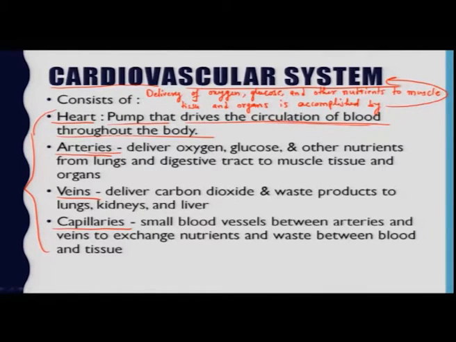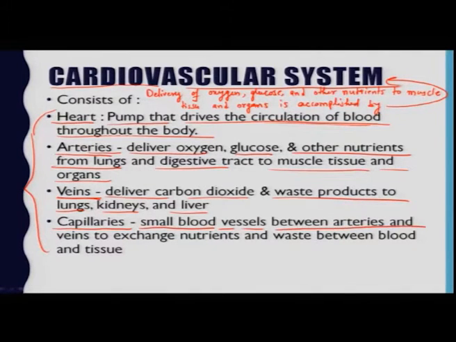Arteries deliver oxygen, glucose and other nutrients from the lungs and digestive tract to muscle tissue and organs. Veins deliver carbon dioxide and waste products to the lungs, kidneys and liver. Capillaries are the small blood vessels between arteries and veins that exchange nutrients and waste between blood and tissue.